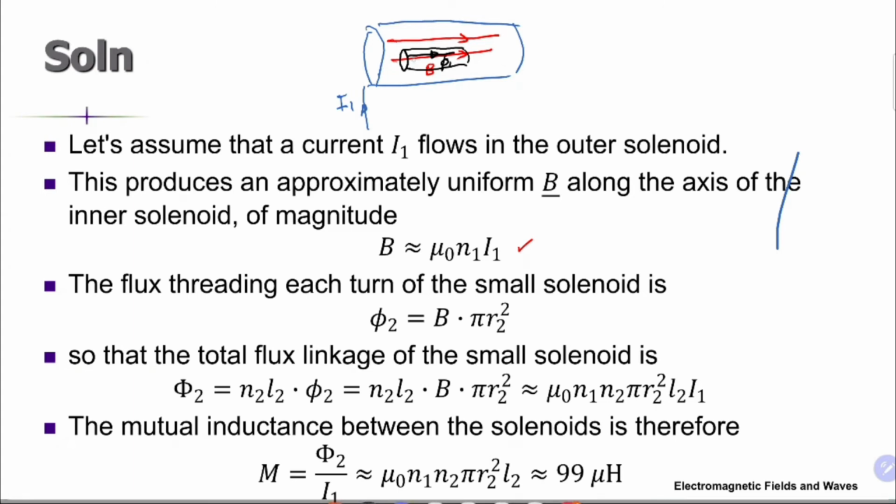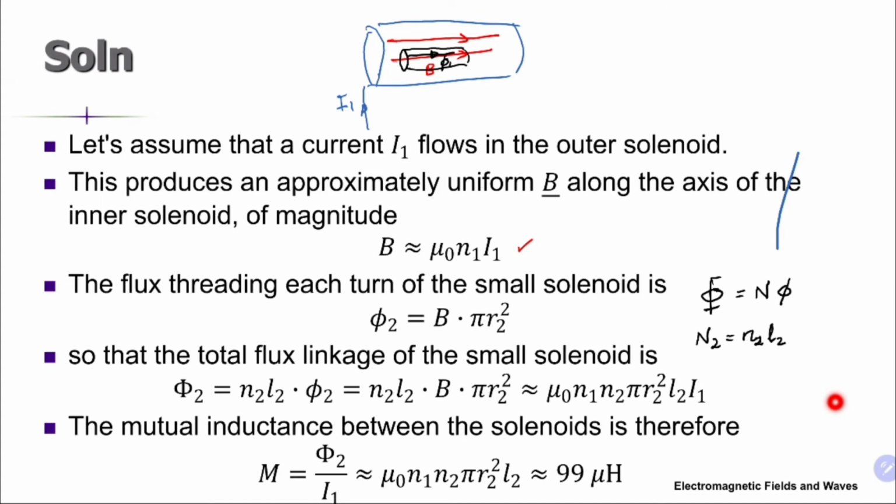That will be over the total number of turns of that solenoid. Okay, so your flux linkage Phi is equal to the number of turns times the flux, and then N2 is equal to N2 times L2. So you're given N2 as the number of turns per unit length, and you're given the length of the smaller solenoid.